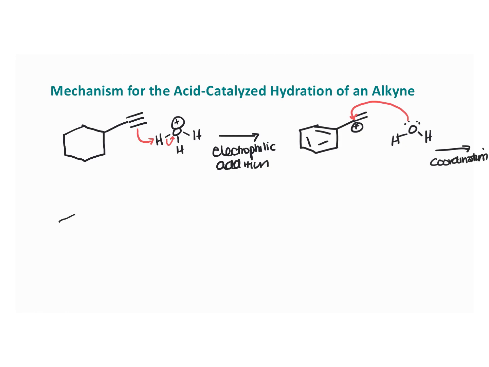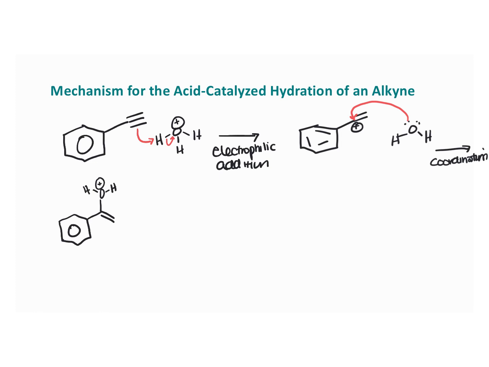Okay. Ooh, I left out the electrons there. Let me put those back in. Whoops. There they are. Okay. Now, we have OH plus. Okay, but I want you to recognize something.